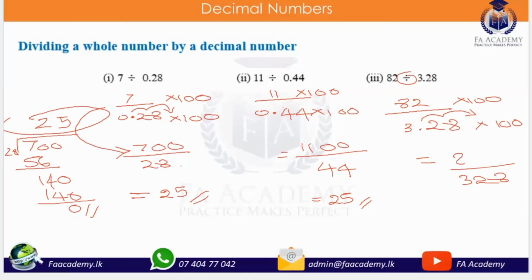On top, the answer would be 8200. So now I can find the final answer by doing a division. So what you will get is 25. Right. So yeah, they give nice answers. You have 25 for all three. You can try it out.